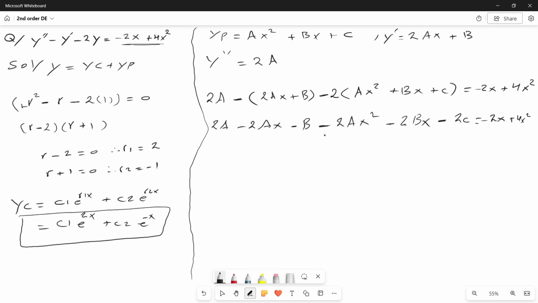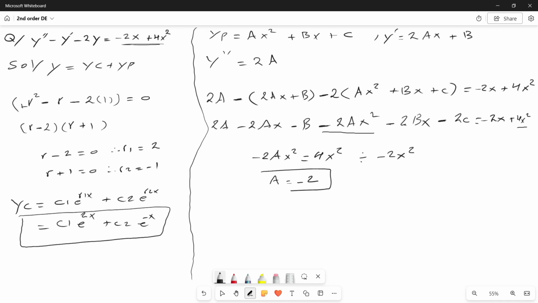Now we match the following. So we have negative 2ax squared with 4x squared. So we have negative 2ax squared is equal to 4x squared. We can divide by negative 2x squared. Therefore, a is equal to negative 2.